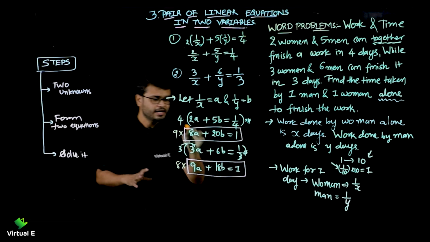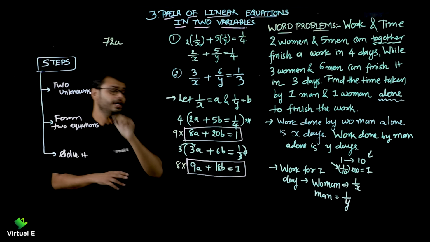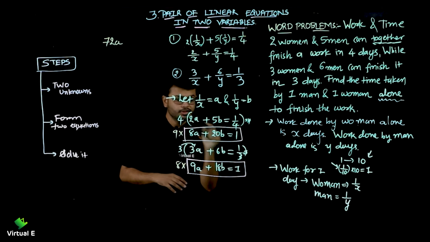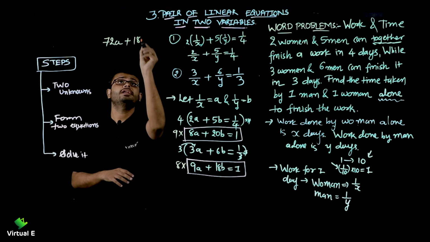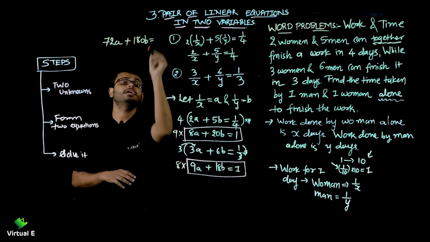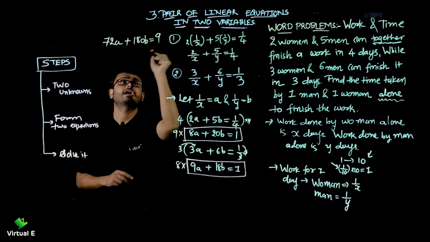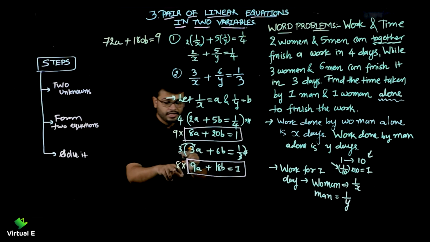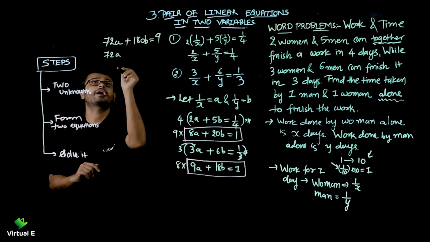Let's multiply. 9 8s are 72a, then 9 into 20 plus... 9 2s are 18 and 1 0, so 180b, and 9 1s are 9. Don't forget this 9. Okay, here 8 9s are 72. Very good, we are going on the right path.